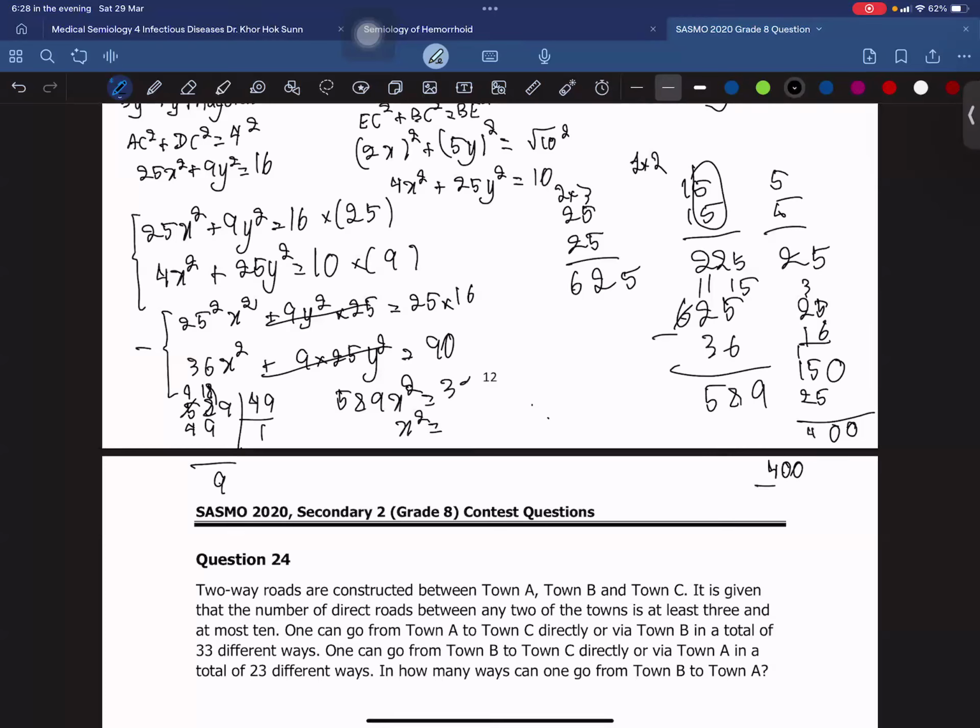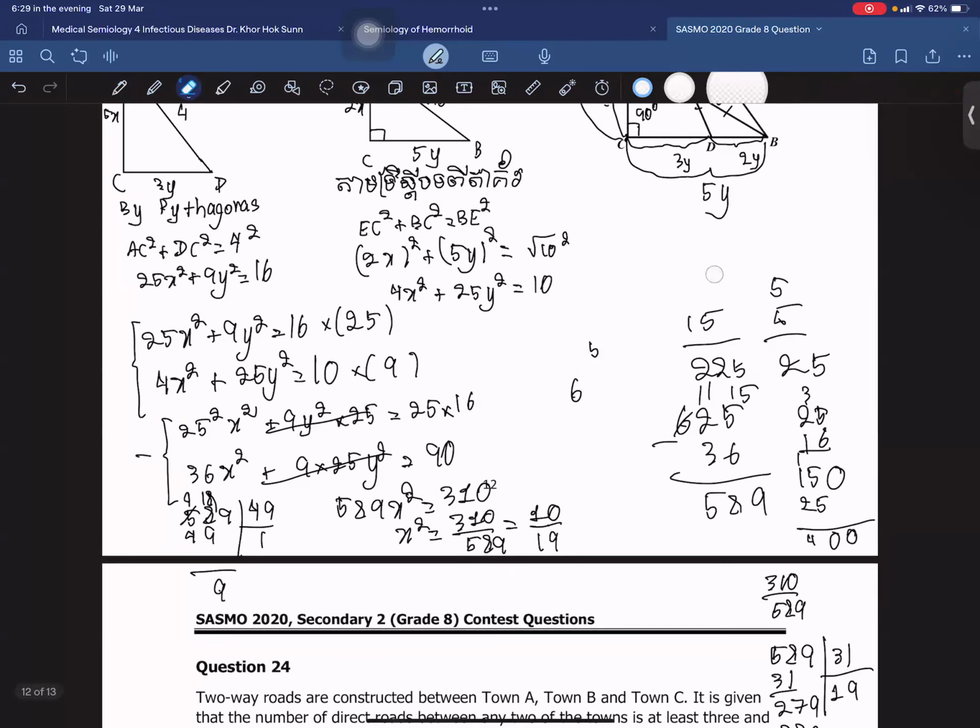So it's gonna be 310 over 589. So that's the answer, x squared equal to 10 over 19. You're right. Perfect. Thank you.